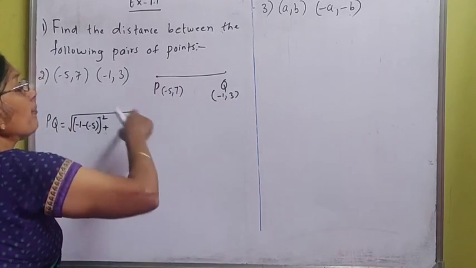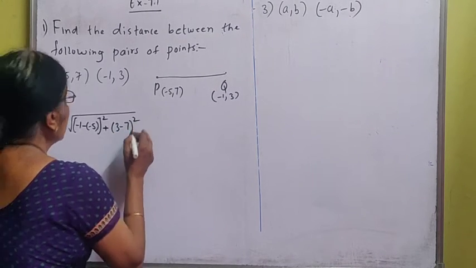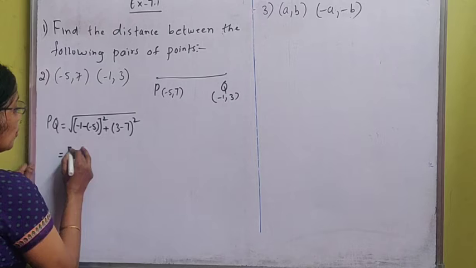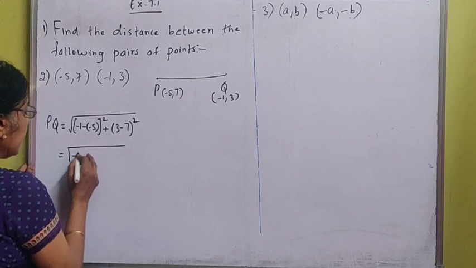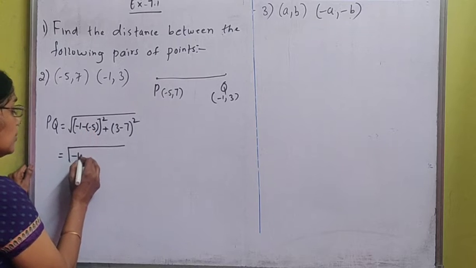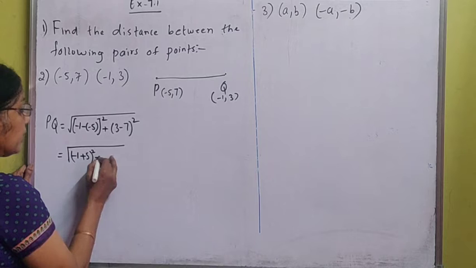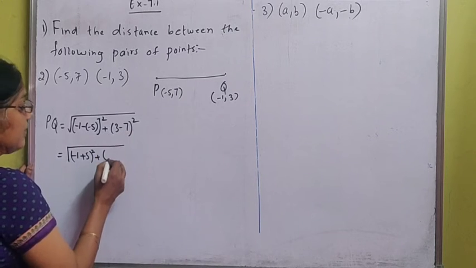What is y coordinate of P? 7. That is, in the bracket 3 minus 7, the whole square. It is equal to root of minus 1 will remain as it is, minus into minus. What is minus into minus? Plus. So plus 5 the whole square plus 3 minus 7.